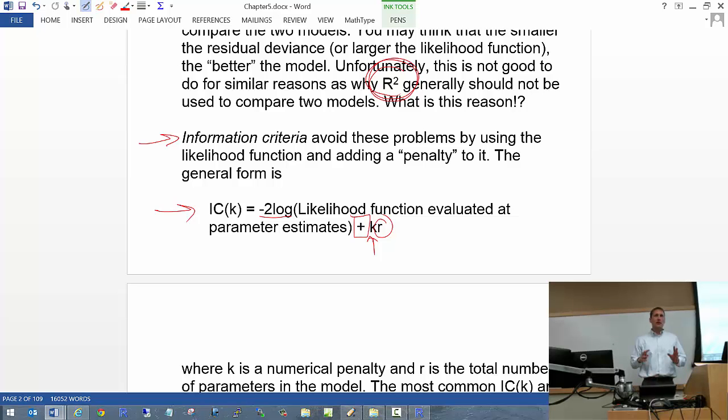The key is the lower the information criteria, the better the model. Very simple. On a test, I could ask you a short answer question and ask you to explain why it is the lower the better. And so you go through a similar discussion as what we just did.